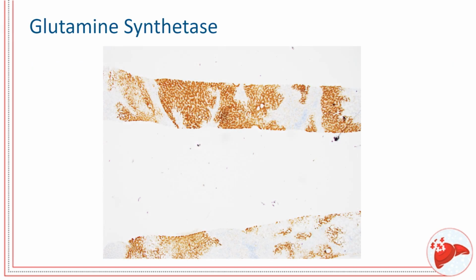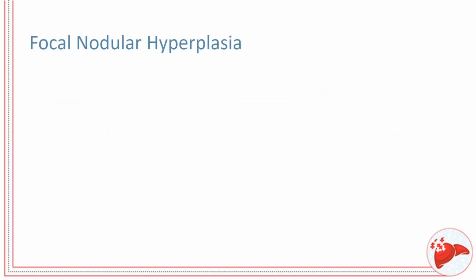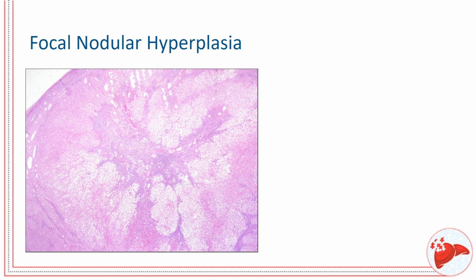Glutamine synthetase shows a map-like pattern in the lesional cells. Together, this represents focal nodular hyperplasia.